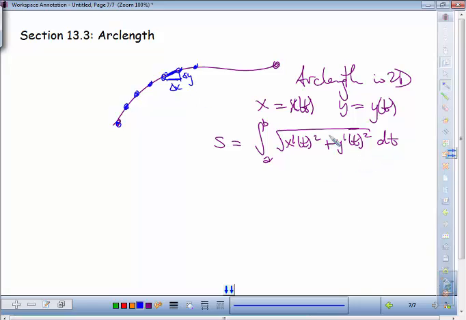And then that's, I think it was in one of the lectures that we did, and when we talked about parameterized equation, we found a formula for the arc length that way.